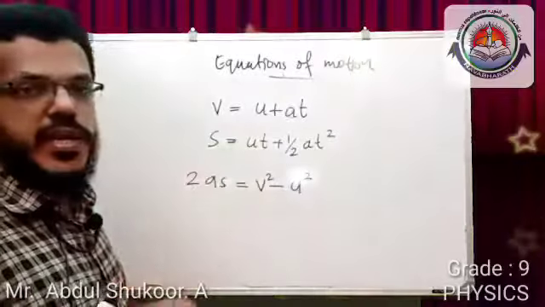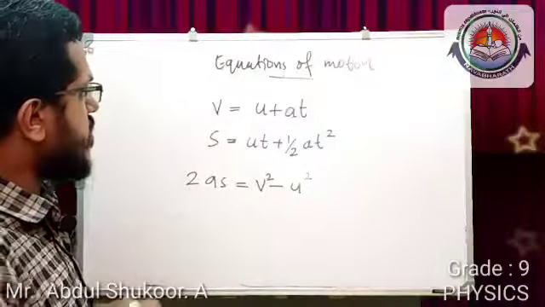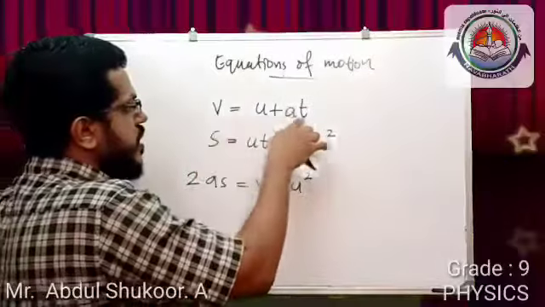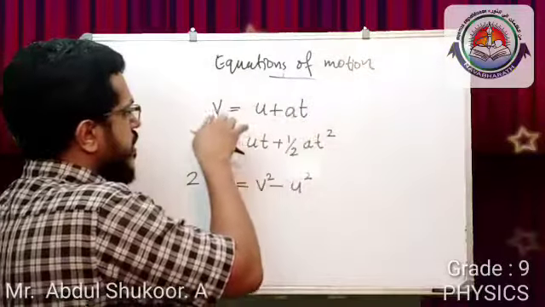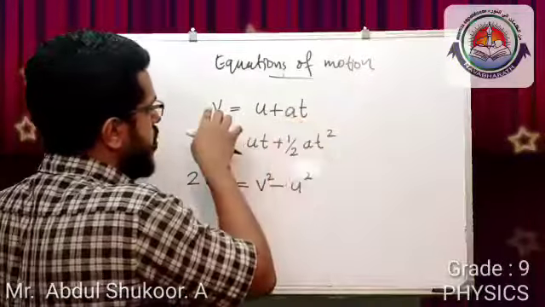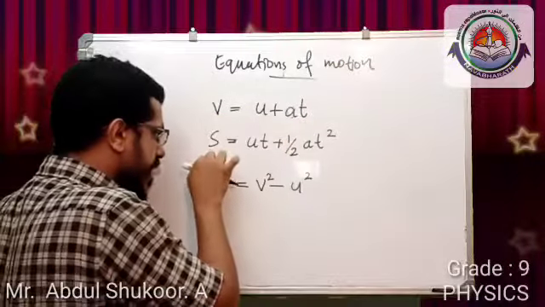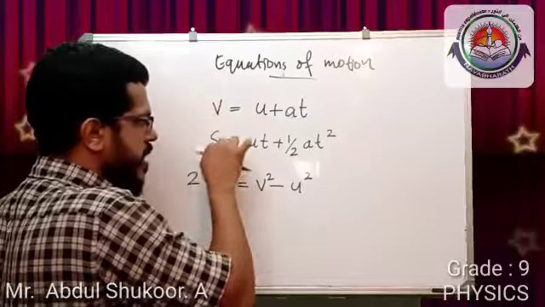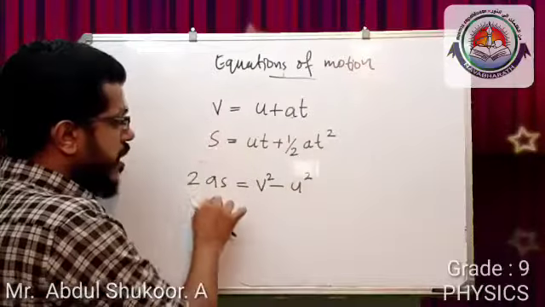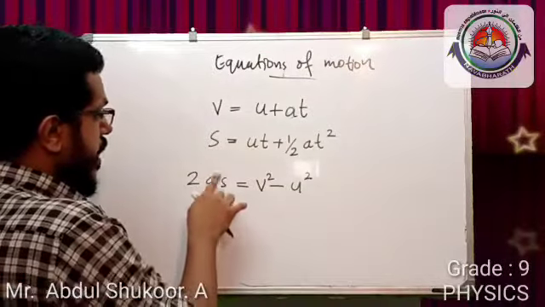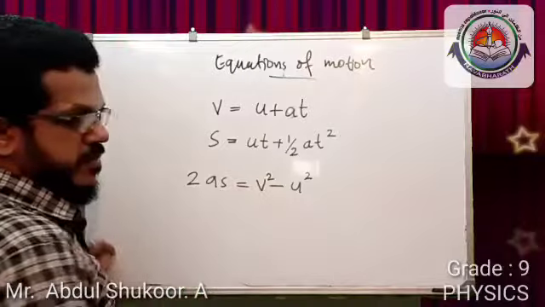The first equation shows the relation between velocity and time. The second equation shows the relation between distance and time. The third equation shows the relation between distance and velocity.